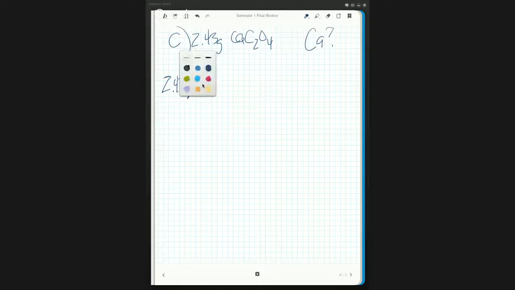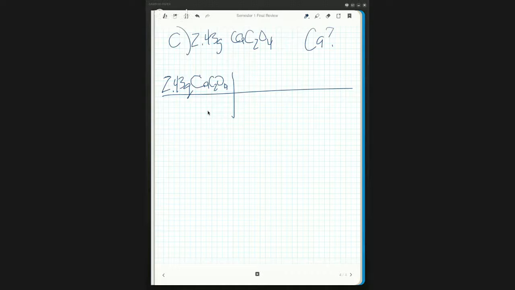how much, if you have 2.43 grams of calcium oxalate, how many grams of calcium is that? 2.43 grams of calcium oxalate, so we make a bridge because bridges are fun. All right, good. You've got to do the grams to moles, because you're basically doing a gram to gram conversion, going through that net ionic equation. Pretty simple. I say that.